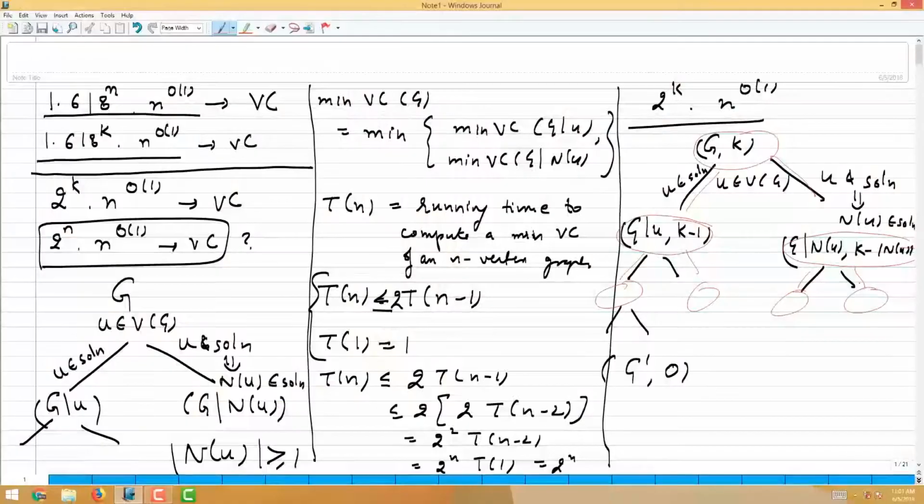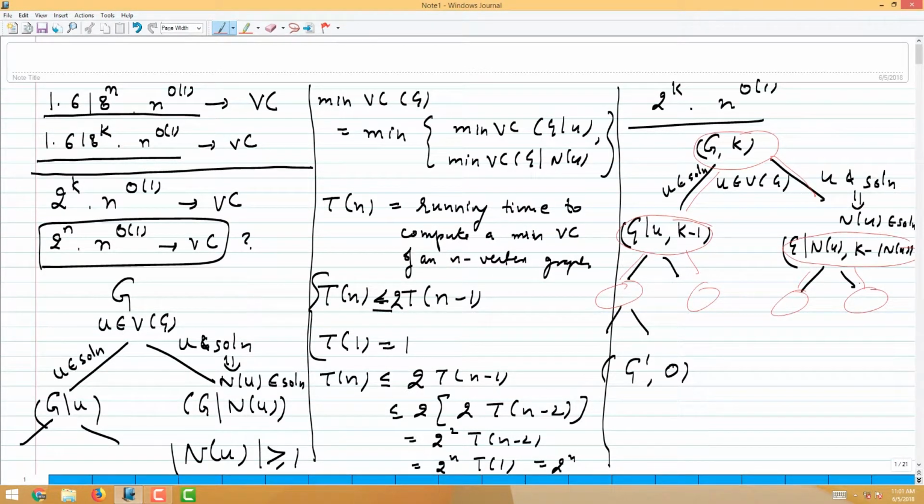So this branching tree basically looks like a binary tree, right? And how many nodes are there in the binary tree? Or okay, even before that, what's the depth of this binary tree? N, right? Because you start with an n vertex graph. You stop when you have a graph with 1 vertex. So the number of nodes in this binary tree is 2 power n, right?